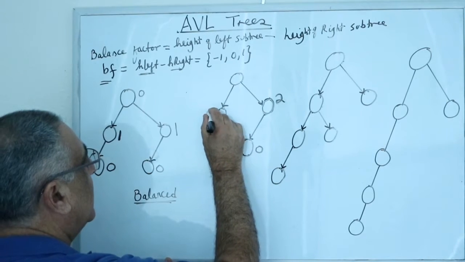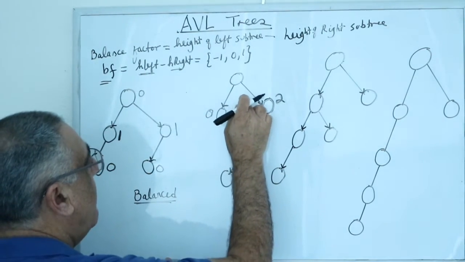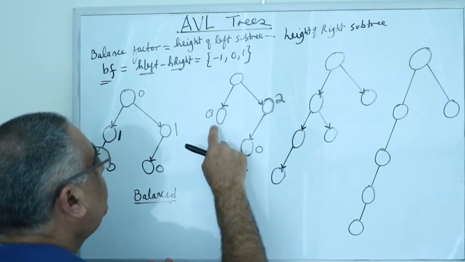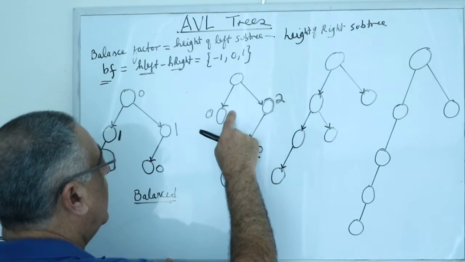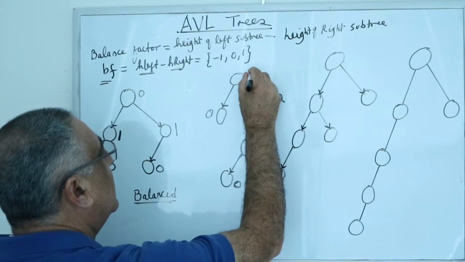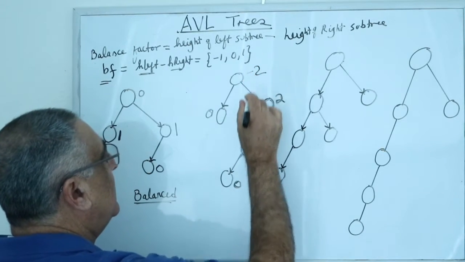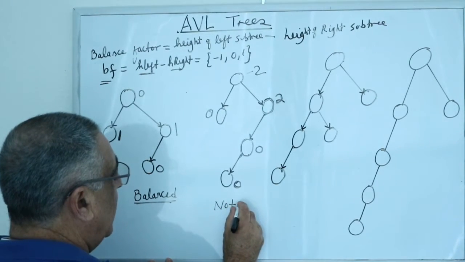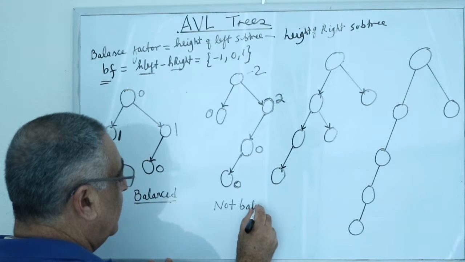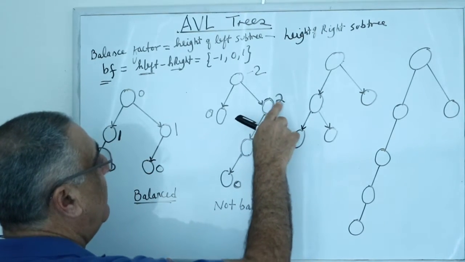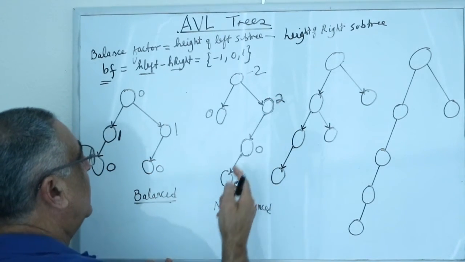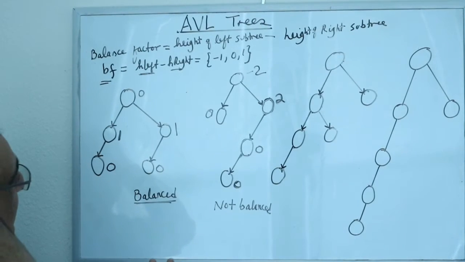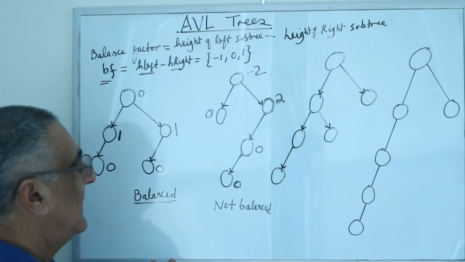If I look at the root here, the left is 1 and the right has depth 3, so 1 minus 3 gives me a -2. So definitely this is not balanced. Why is it not balanced? Because I have balance factors of 2 and -2. That's what makes this AVL tree not a balanced tree.